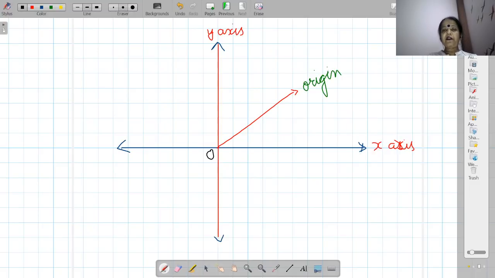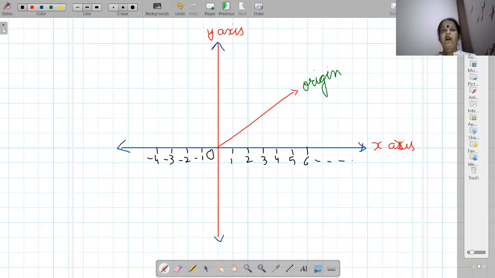On the right side of the x-axis from the origin, you put the numbering like this: 1, 2, 3, 4, 5, 6 and so on. And the left side of the origin on the horizontal axis will be negative values.